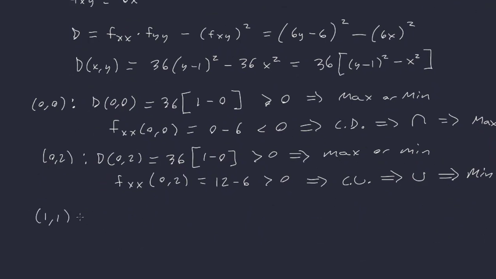Now, 1, 1. So D of 1, 1, when I plug that in for 36, that makes the y piece 0. So it'll be 0 minus 1, so that's going to be a negative 36. So that's a saddle point.